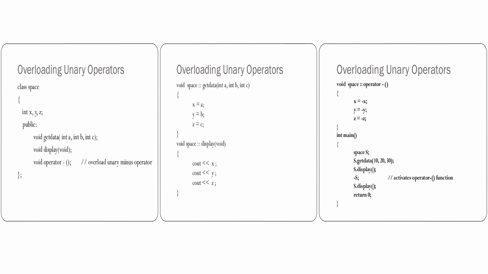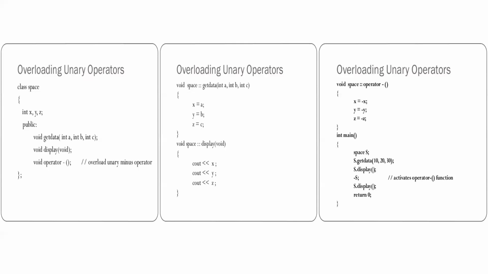Now this minus, see children, understand very carefully, listen to what I'm saying. This minus function, in one step, is going to negate all three data members of the class. x is equal to minus x, y is equal to minus y, z is equal to minus z.